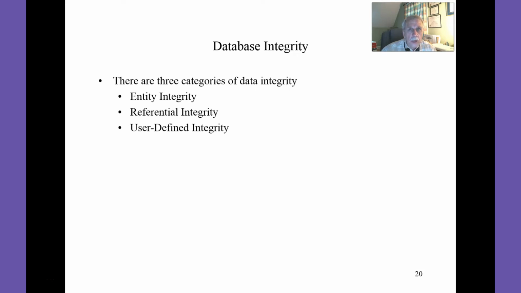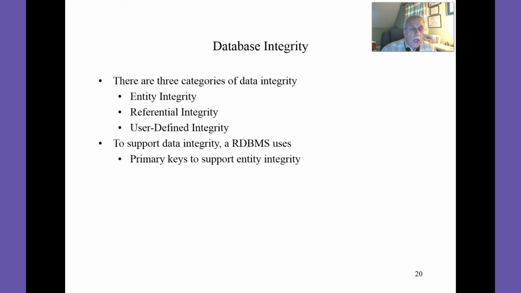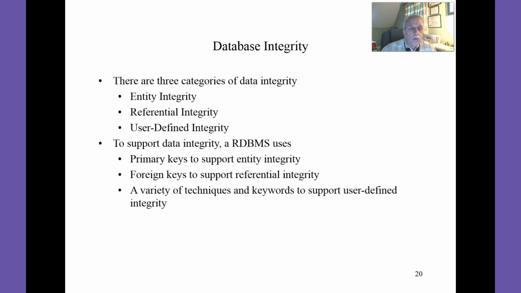Entity and referential integrity are more generalized concepts and have been defined as part of the integrity component of the relational model or the relational theory. To support database integrity, a relational database system allows the use of primary keys for entity integrity, foreign keys to support referential integrity, and there are a variety of different techniques, such as check constraints, that can be used to implement user-defined integrity.